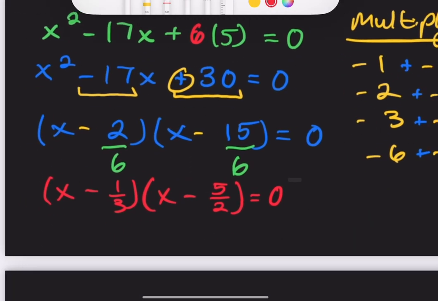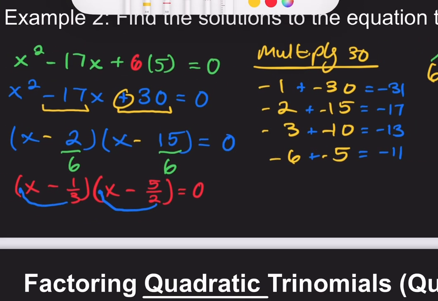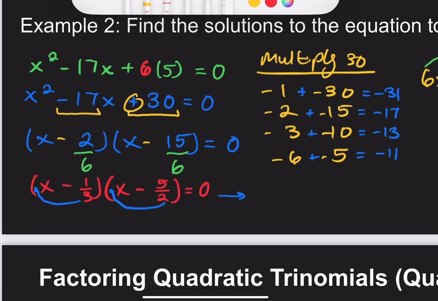And because we still have fractions, we can then take the numbers in our denominators after we reduce and stick it in front of each of those x's. 3x minus 1, you put the 3 in front, times 2x minus 5 equals 0.